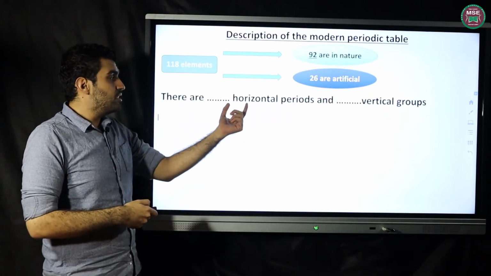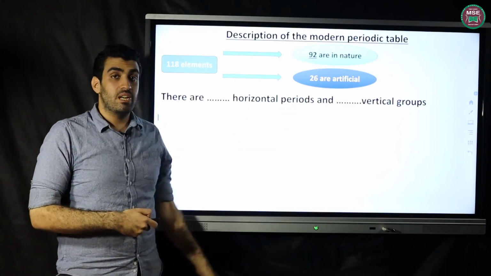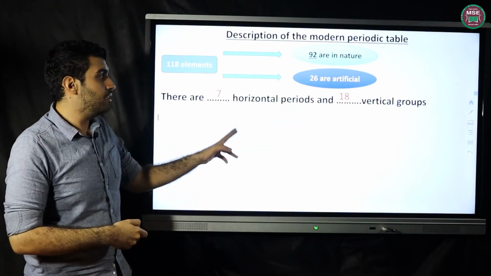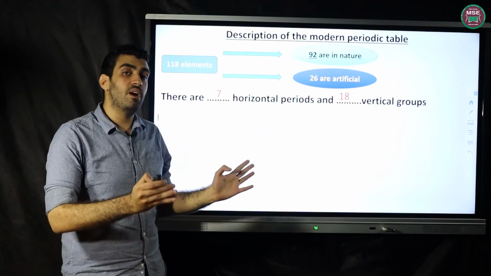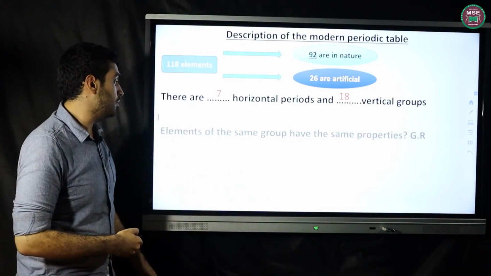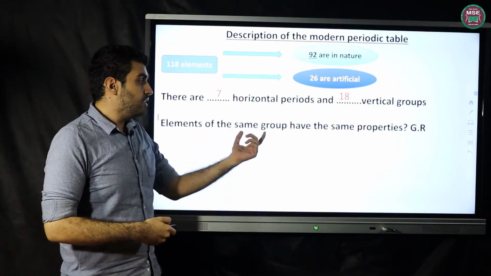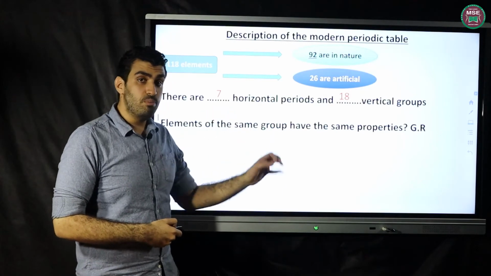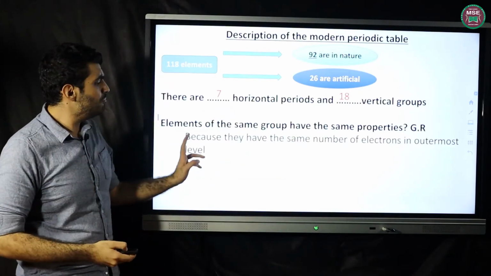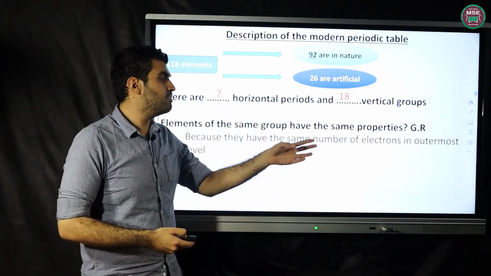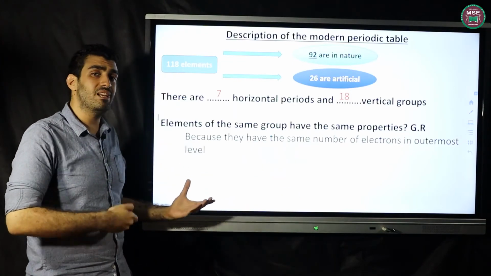There are 7 horizontal periods and 18 vertical groups found in the modern periodic table. Elements of the same group have the same properties. Give reason: because they have the same number of electrons in the outermost energy level, as we are going to say later.